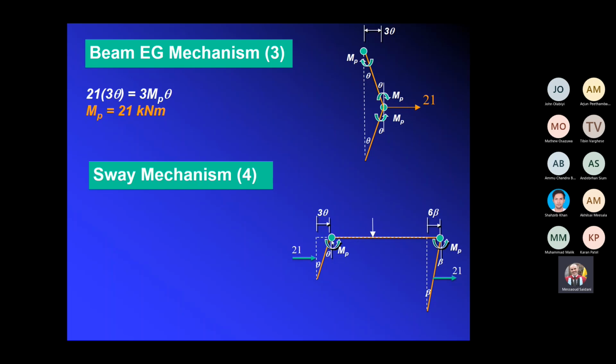So we only have a hinge at this column here at the corner, and we have another hinge forming at this corner here. And remember what we said? We said we only need two hinges for total collapse. That's what we said earlier.